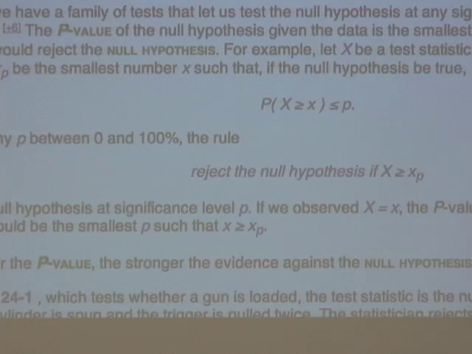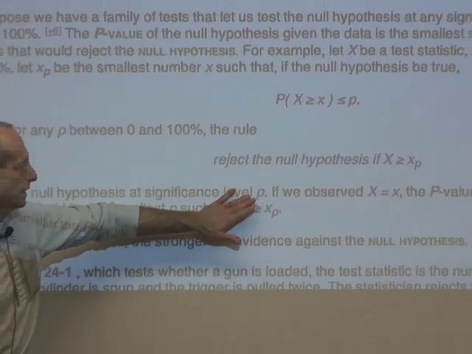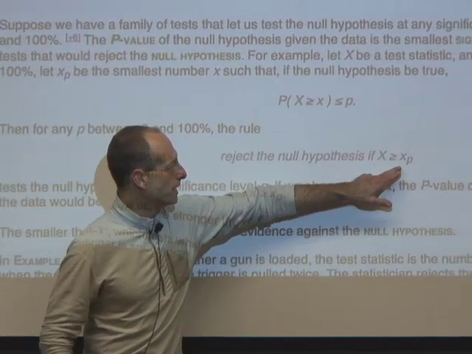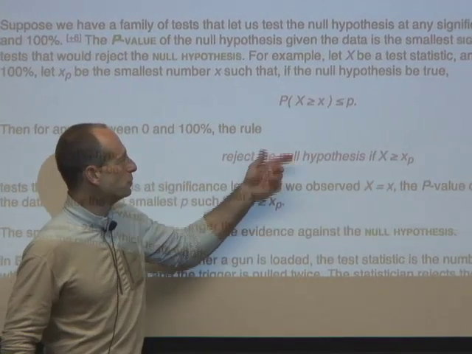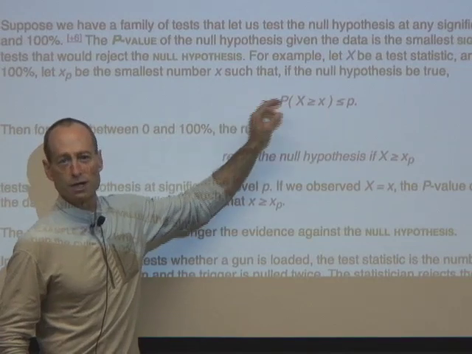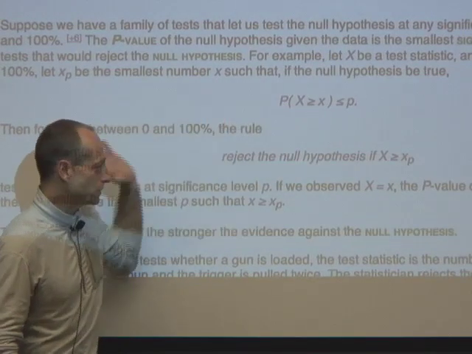So that's a test of the null hypothesis at significance level p, because the probability that x will exceed x_p if the null hypothesis is true is no bigger than p. Okay, so the chance we erroneously reject the null if the null is true is no bigger than p, if we set things up this way.